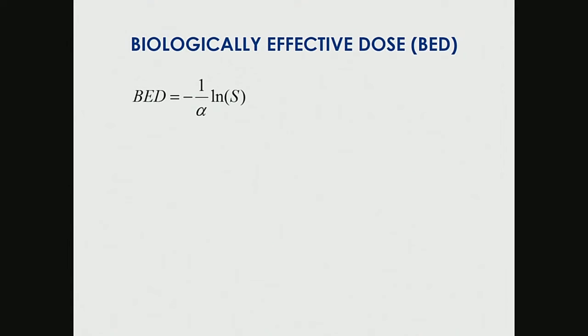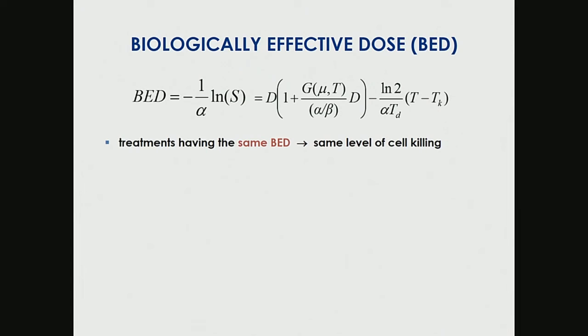We also mentioned this yesterday a little bit, so I'm not going to spend too much time here. Most of the studies can be done within the LQ formalism, but for practical purposes, some models are easier to use in clinical applications, one of which is the biologically effective dose. The same treatment with the same biologically effective dose will produce the same cell kill, therefore the same biological effects.